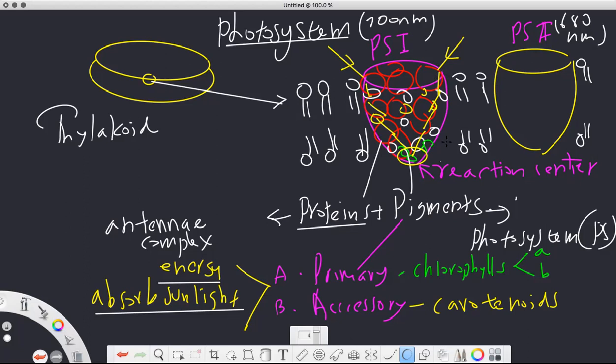That means they are specialized in the range of 700 nanometer. And this one is specialized for the wavelength of 680 nanometer. That's why PS1 and PS2 photosystems are important.